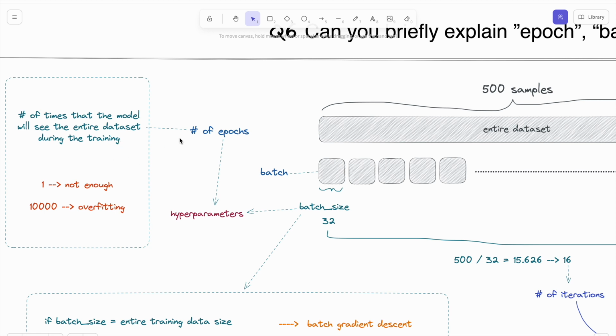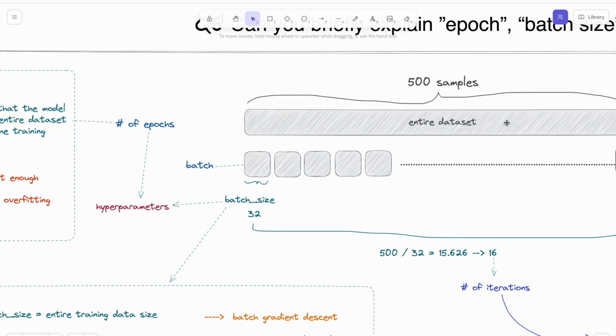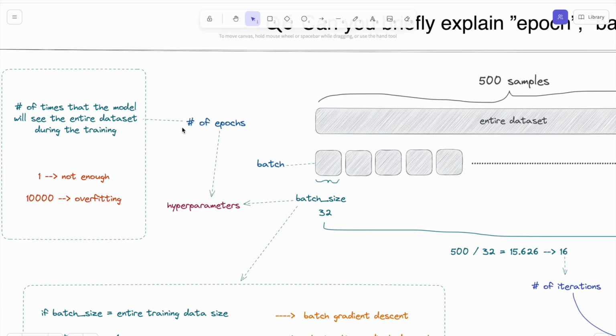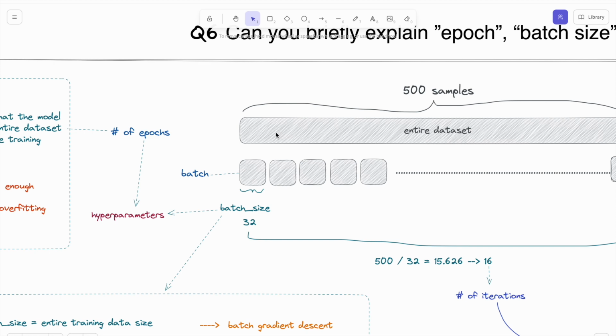So if the number of epochs is 1, that means our model will see the entire dataset once. In other words, we will feed the model with the entire dataset once. But if the number of epochs equals 10, that means we will feed our model the entire dataset 10 times.